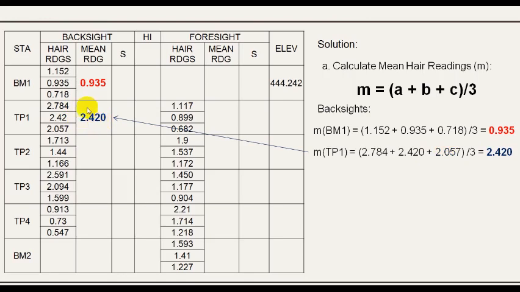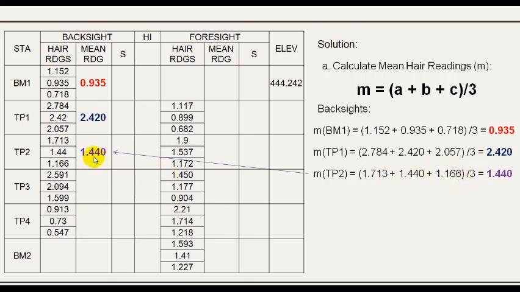It's the same when adding the other turning points. Turning point 2: 1.713 plus 1.440 plus 1.166 divided by 3 is equal to 1.440. Turning point 3: 2.591 plus 2.904 plus 1.599 divided by 3 is equal to 2.440.